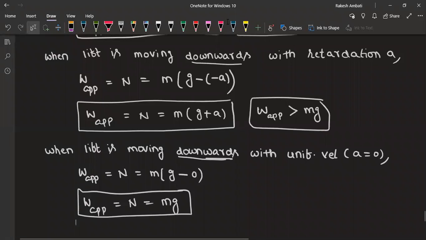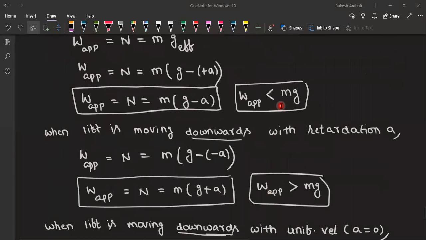Now we will do some questions. When the lift is moving downwards, is apparent weight always less than mg? No. If the lift is moving downwards but with retardation, then apparent weight is greater than true weight.